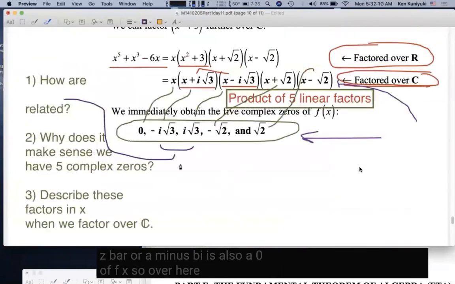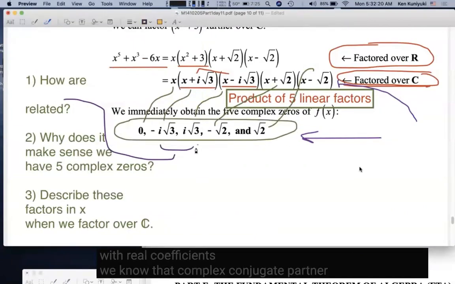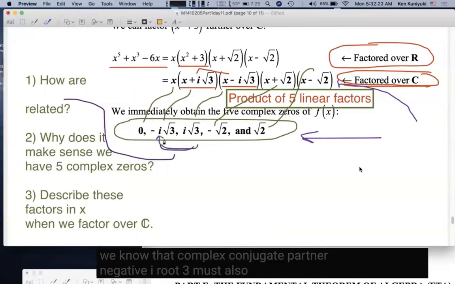So over here, if we know that i root 3 is a complex zero for a polynomial function with real coefficients, we know that its complex conjugate partner, negative i root 3, must also be a complex zero.